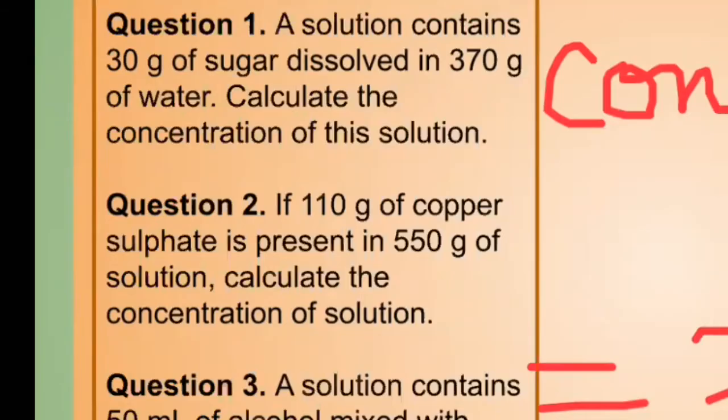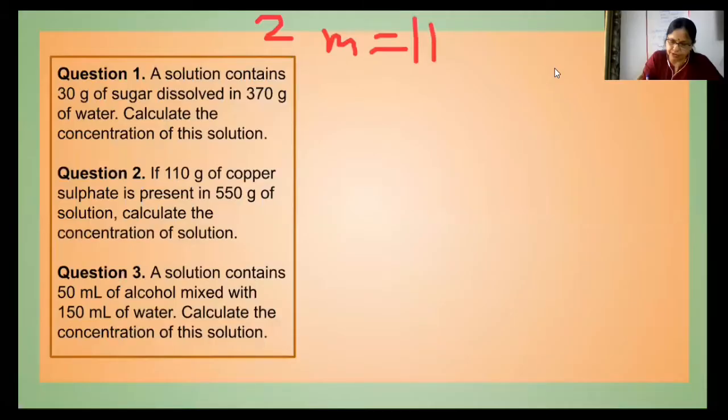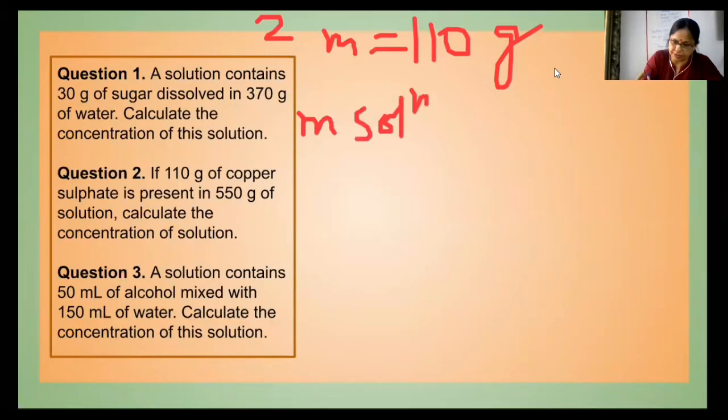Now let us pick up question 2. In question 2, mass of solute is 110 gram, that means the amount of copper sulfate. It is present in 550 gram of solution. So the mass of solution is already given to you.